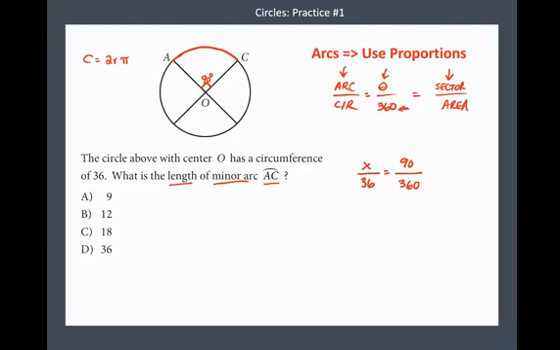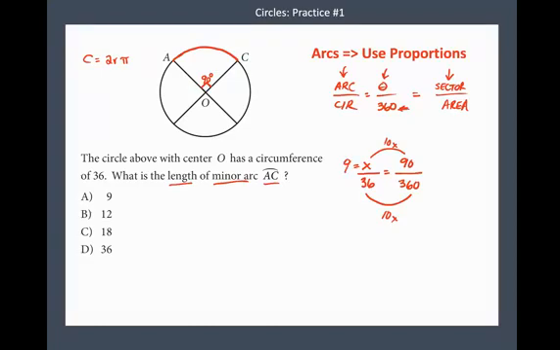I can either reduce the 90 over 360 all the way down to its most basic form, but before I even do that, I notice a relationship here. My denominators are 36 and 360. What happened? Oh, I multiplied them by 10. Well, because it's a proportion, I need to do the same up here. That's also going to be multiplied by 10. So if I get 90 as the degrees, I must have multiplied what by 10? It must have been 9.